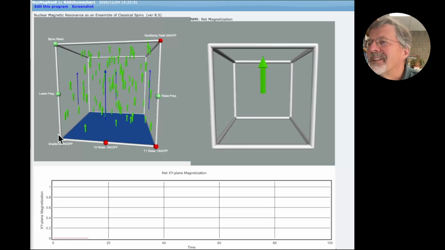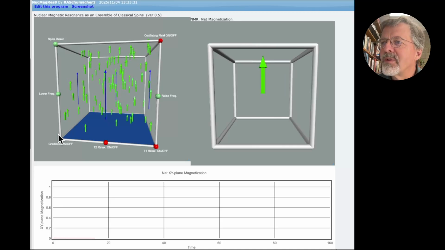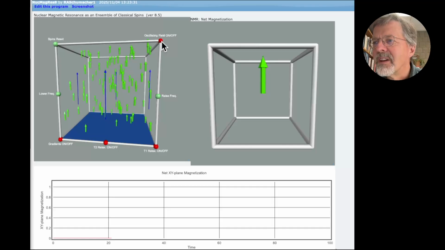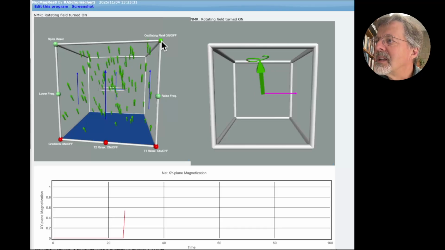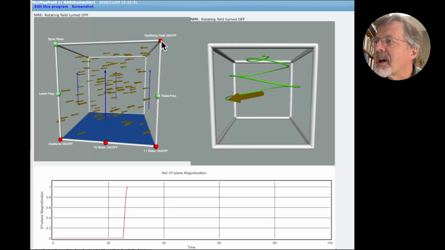Imagine that the magnetic field is perfect, and so now when we flip the spins by 90 degrees, they will stay perfectly in step with each other initially, okay? So again, in this simulation, that corresponds to an external RF magnetic field pulse of 2.5 cycles. So here it comes, ready, and 1, 2.5.